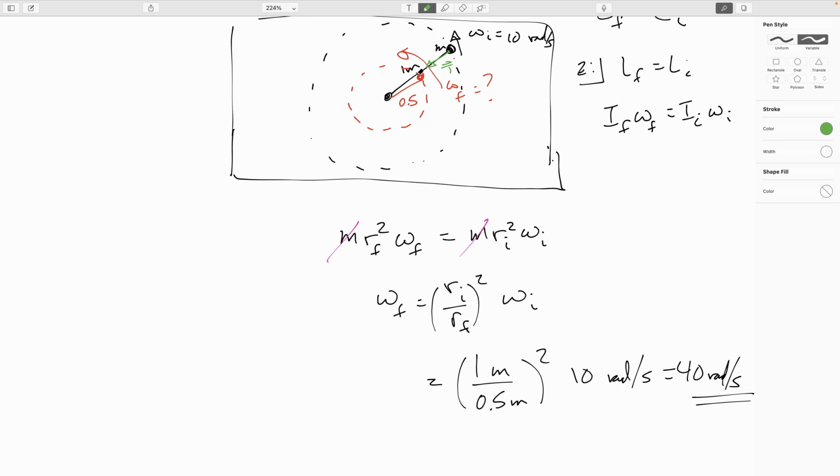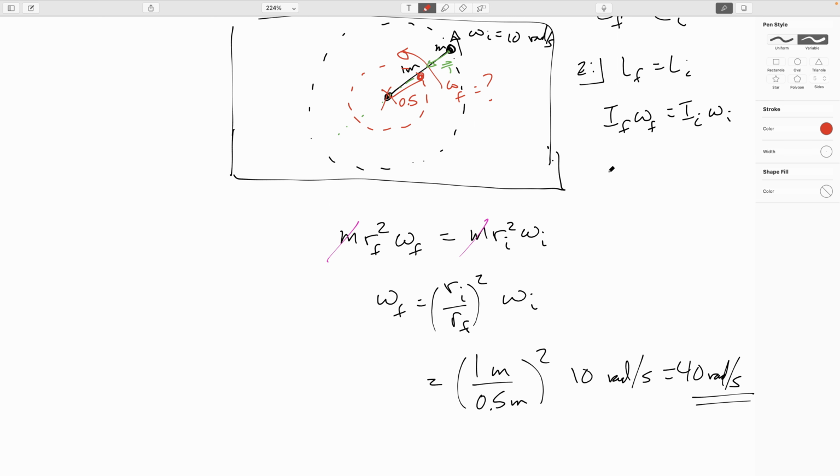The line of action goes right through the hole we drilled, our axis of rotation. So that makes the lever arm zero. So the torque is zero, even though the tension is not zero. There is a net force, but there's not a net torque here.